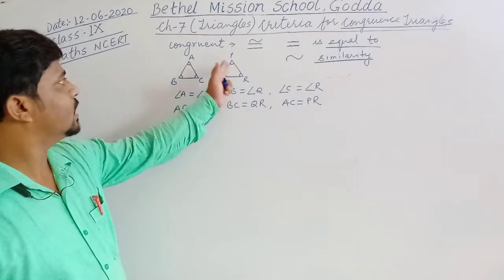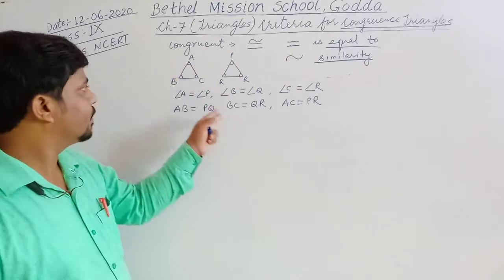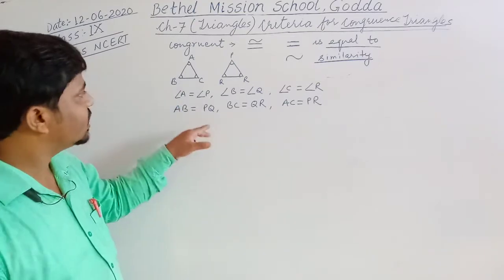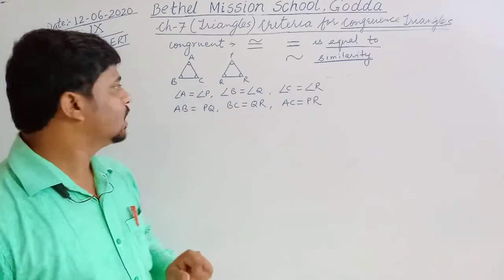So two triangles will be congruent if their angles and corresponding sides are equal.